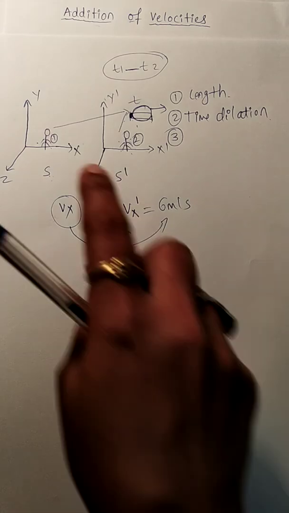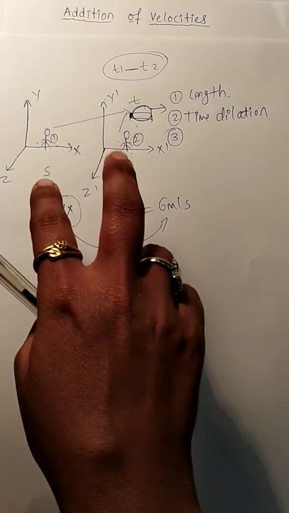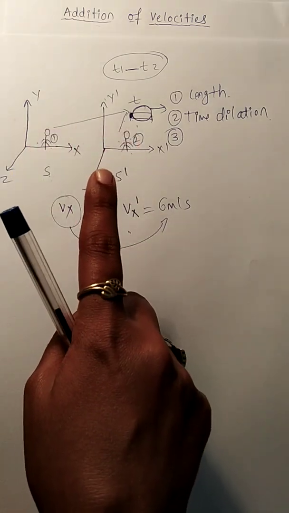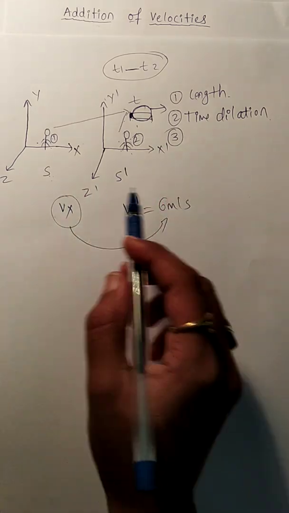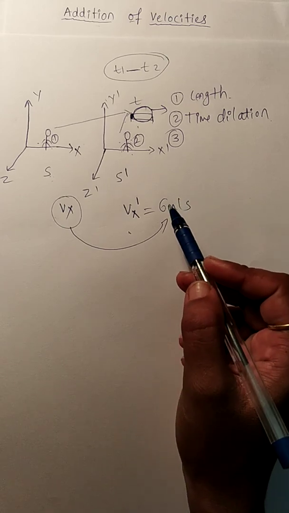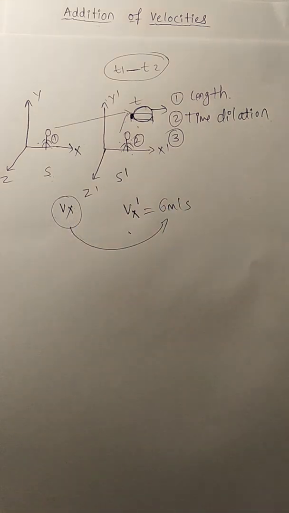As we studied, they will not get the same value because they are in different frames of reference and one frame is moving. So they should not get the same velocity. As he got 6, the first person will get something different. So our job is to find what the velocity will be according to the first person, when the second person already calculated that velocity. I hope you understood completely the concept of what we are going to derive.